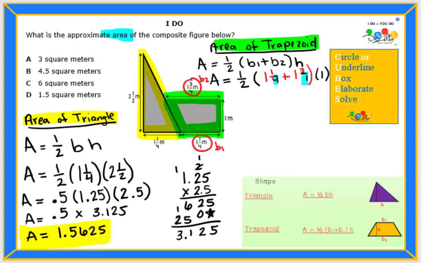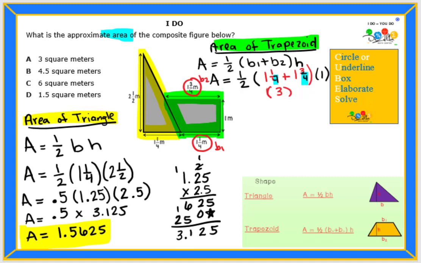And so we would have right here, 1 plus 1 is 2, and these 3/4 make 4/4. But do you know what 4/4 is equal to? Yes, that would be another whole. 4/4 makes a whole. So 2 and one more whole makes 3.